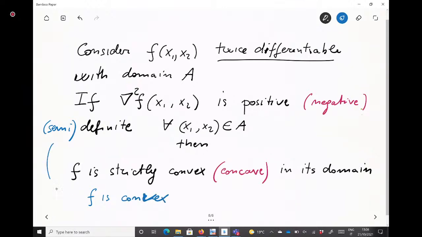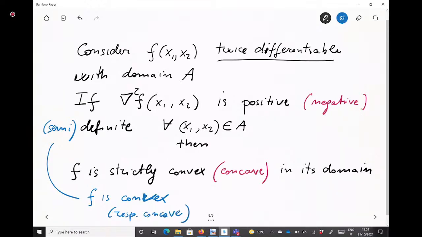So that's because I want a definition that holds for 4 different cases, okay? If it is positive definite, the function is strictly convex. If it is negative definite, the function is strictly concave. If it is positive semi-definite, the function is just convex, possibly not strictly, okay? If it is negative semi-definite, it is concave, but possibly not strictly.